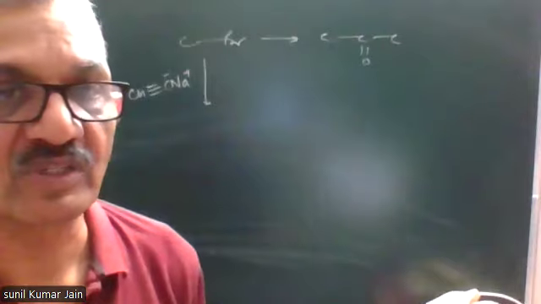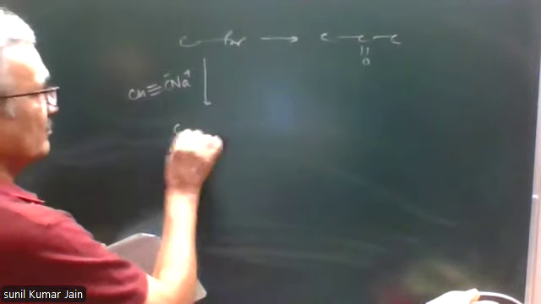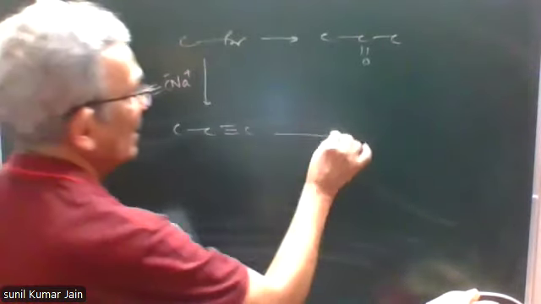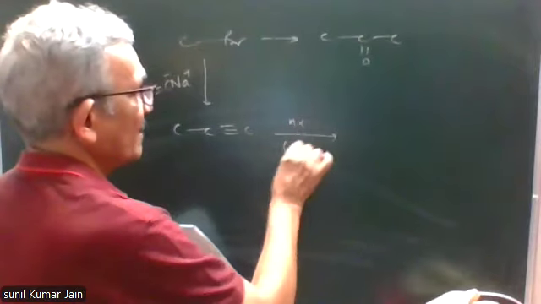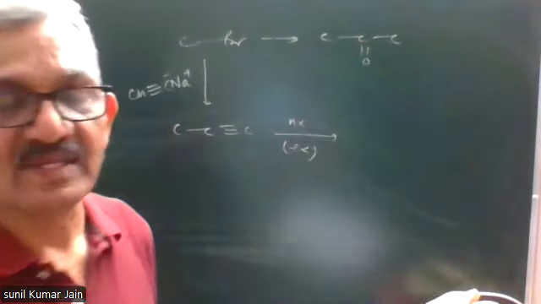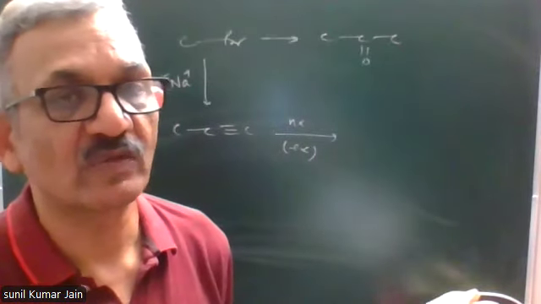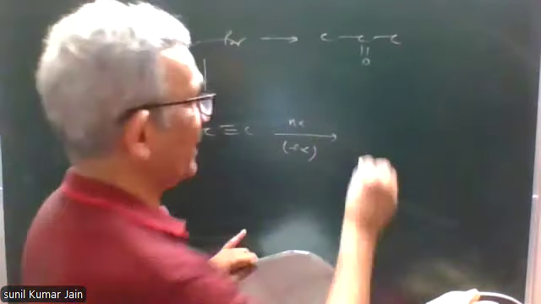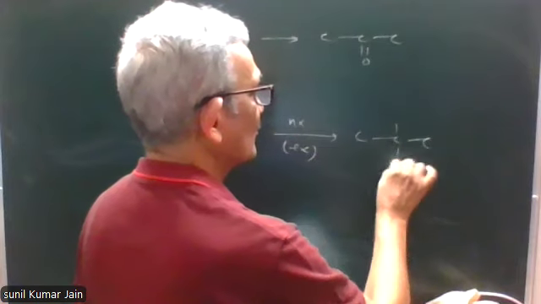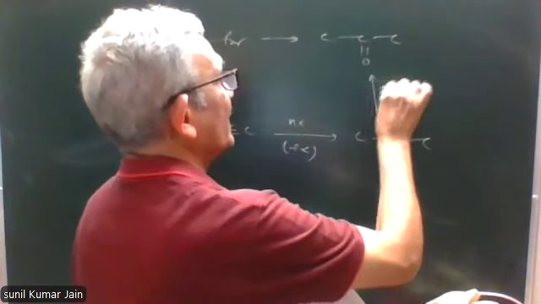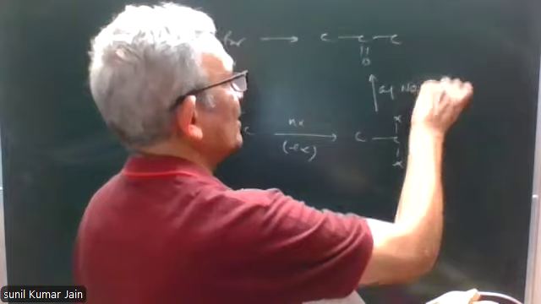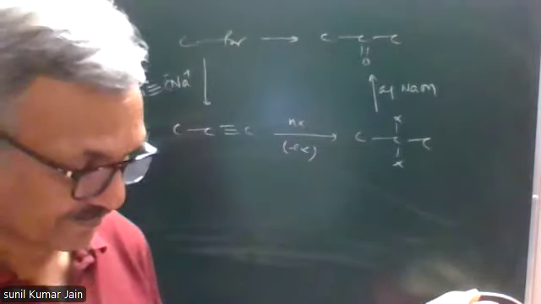This will lead to the formation of propyne. Then react with excess of HX. According to Markovnikov rule, this will lead to the formation of 2,2-dihalopropane. Then react with aqueous NaOH, you'll get the final product.